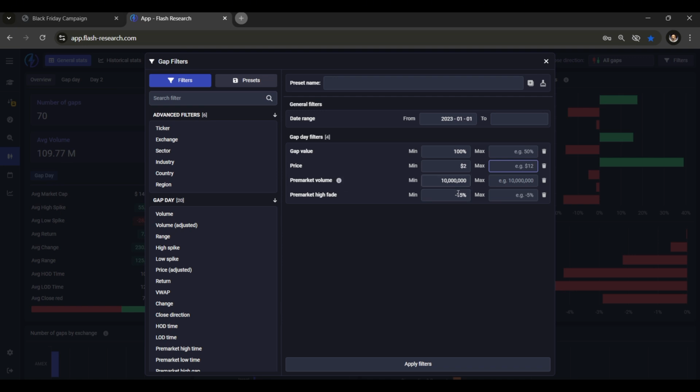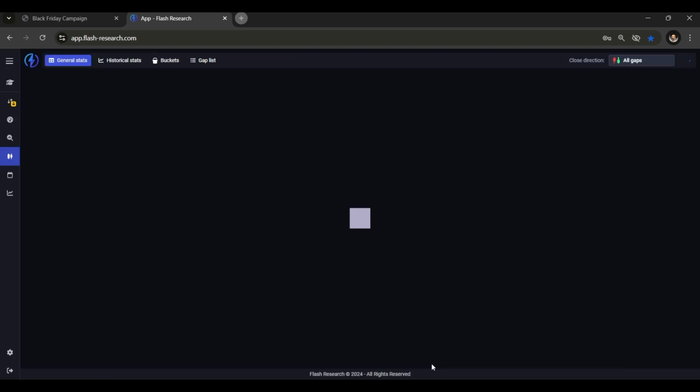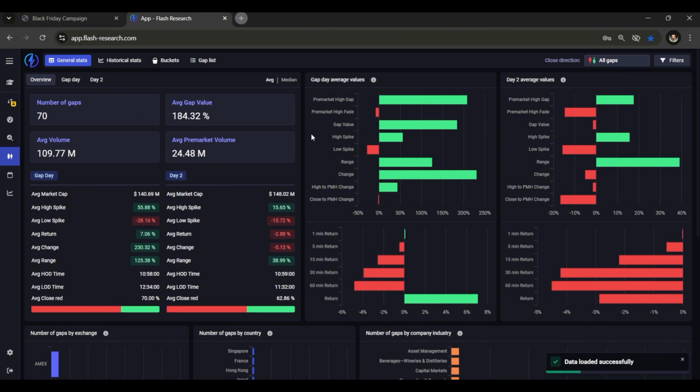This allows me to avoid stocks that faded a lot before opening, so I can see setups that open close to the highs. Let's apply filters, and voila.